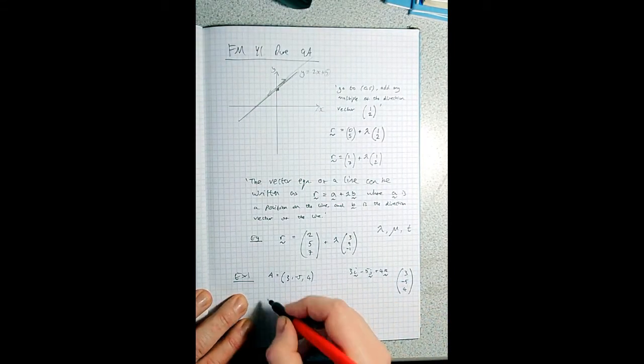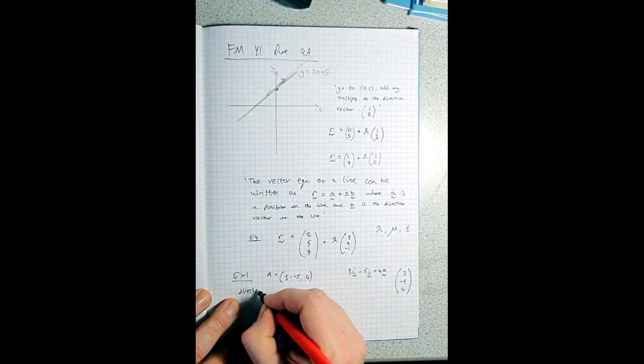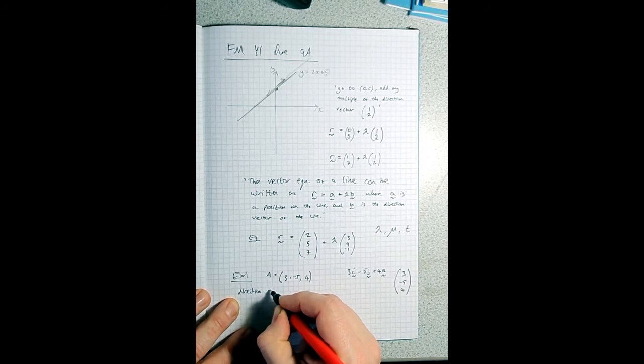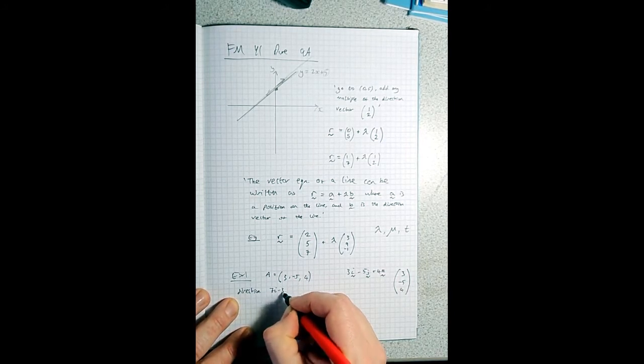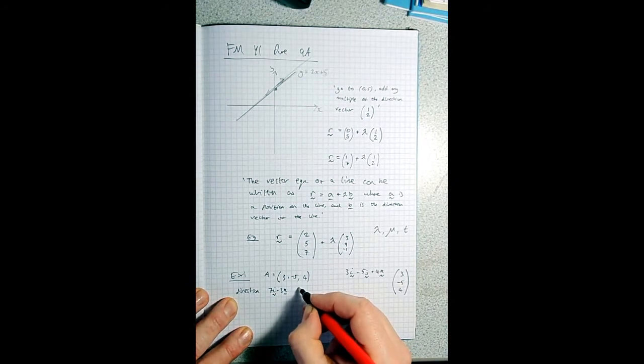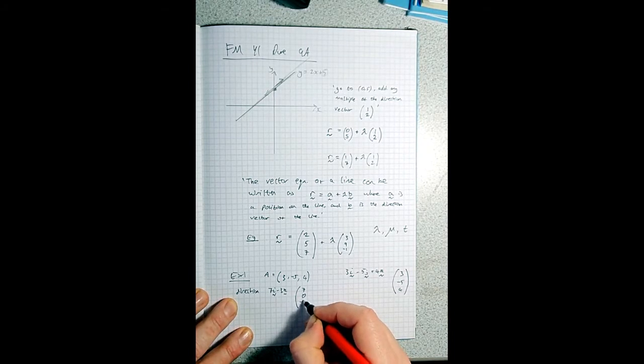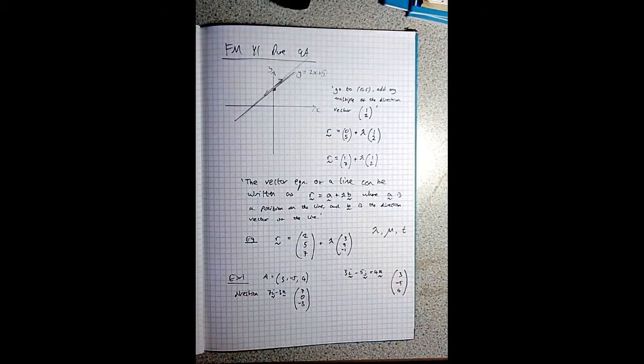And it's parallel to, so the direction is 7i minus 3k, which of course is 7i 0j minus 3k.